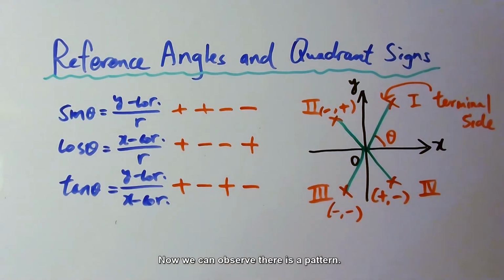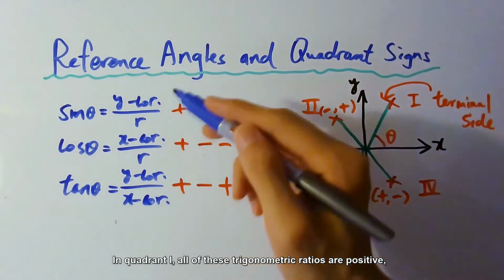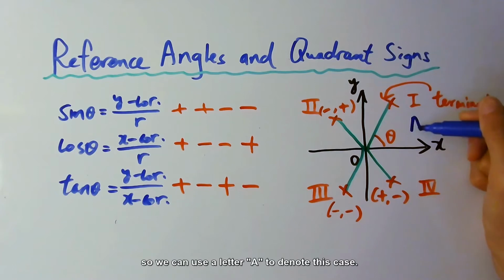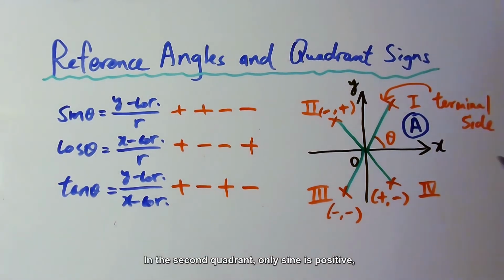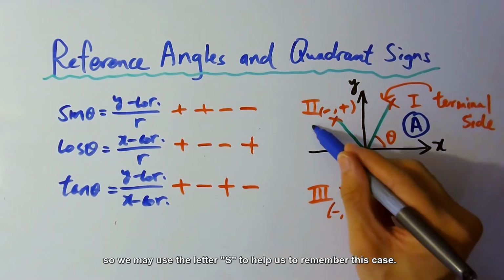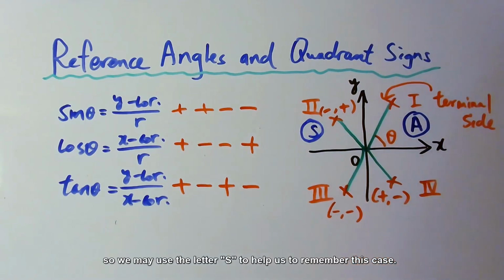Now we can observe there is a pattern. In quadrant 1, all of these trigonometric ratios are positive, so we can use a letter A to denote this case. In the 2nd quadrant, only sine is positive, so we may use the letter S to help us to remember this case.